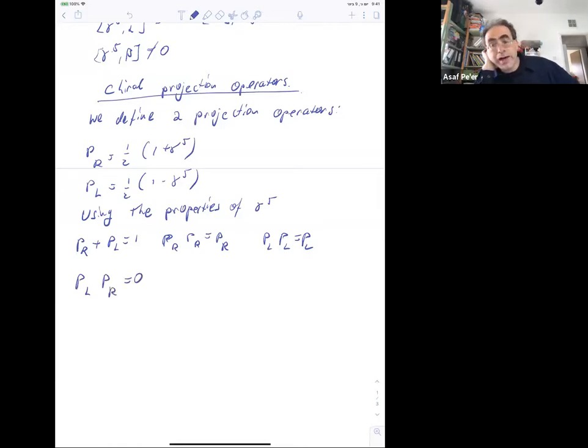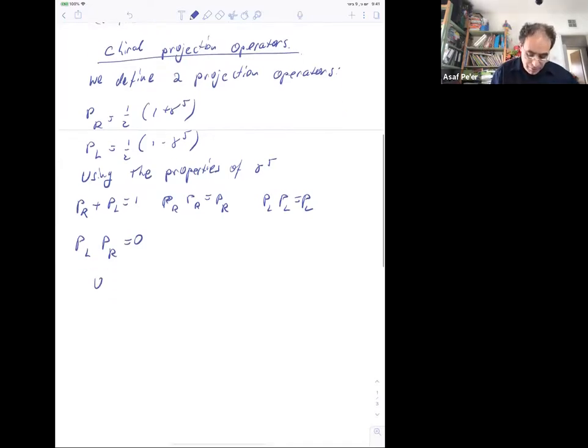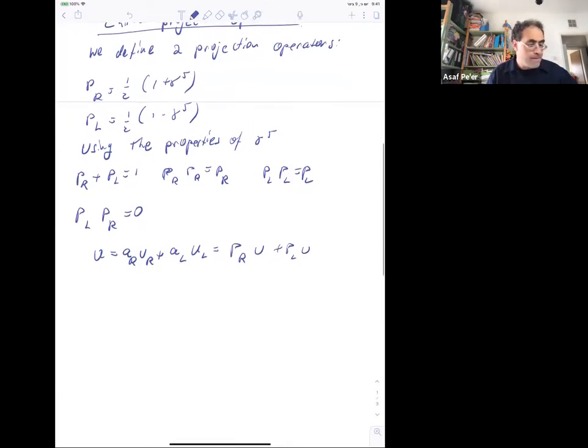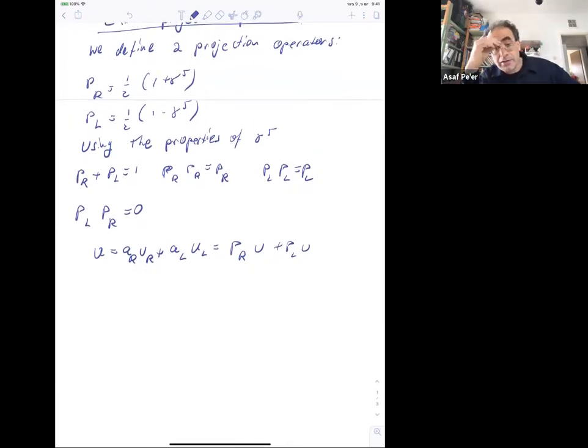Which means that every spinor that we have, we can always write it as a sum of left and right-handed spinors. So if we have any Dirac spinor u satisfying the Dirac equation, we can always write it as a_R u_R plus a_L u_L, which is just the right-hand projection of u and the left-hand projection of u. Of course, a_R and a_L are just complex coefficients.